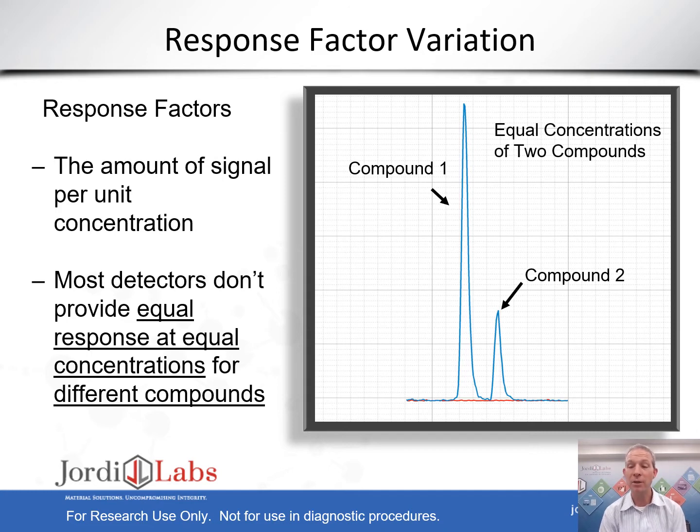Compound 1 gives a much stronger response per unit concentration than compound 2. And this is what we mean by response factor variation. I do want to also mention that this is not an unusual thing. In fact, most detectors do not provide an equal response for different compounds at the same concentration. So response factor variation is the norm, not the exception.